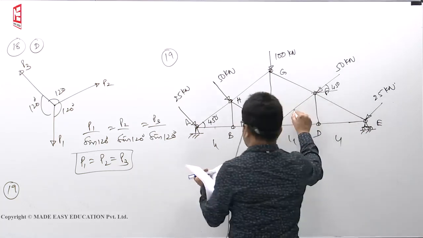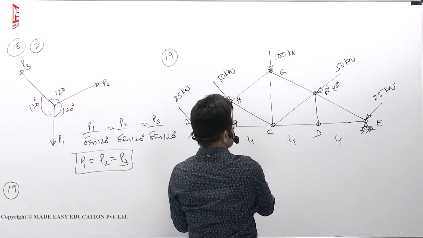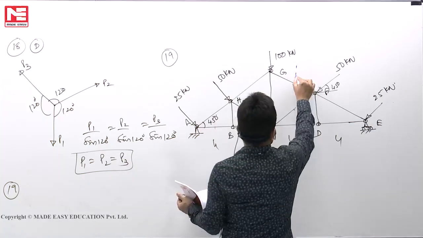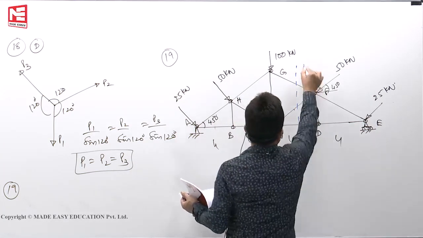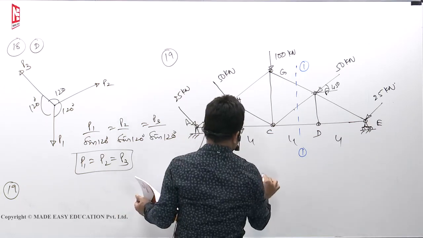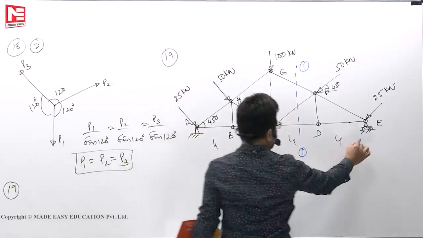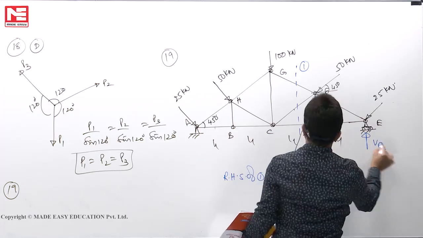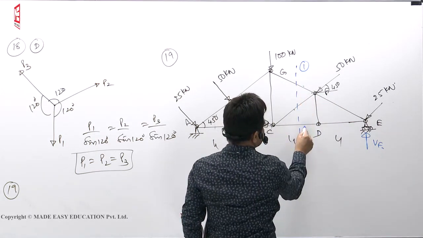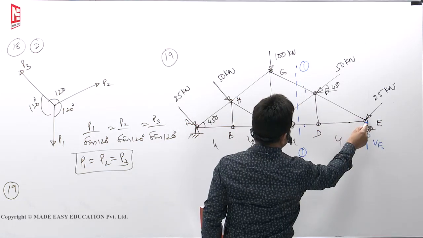Okay. So what do we have to do? Force in member CF means cut it by 1, 1, RHS of 1, 1. No need to find reactions. VE is given. So when we want CF, unwanted members are these two. These two are meeting here.